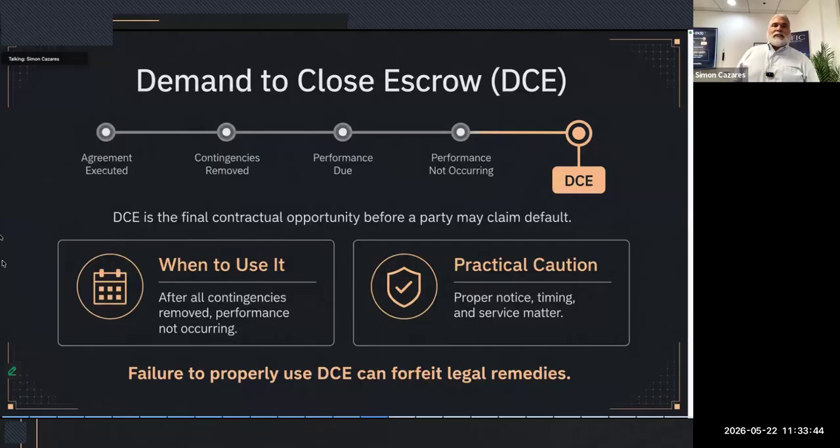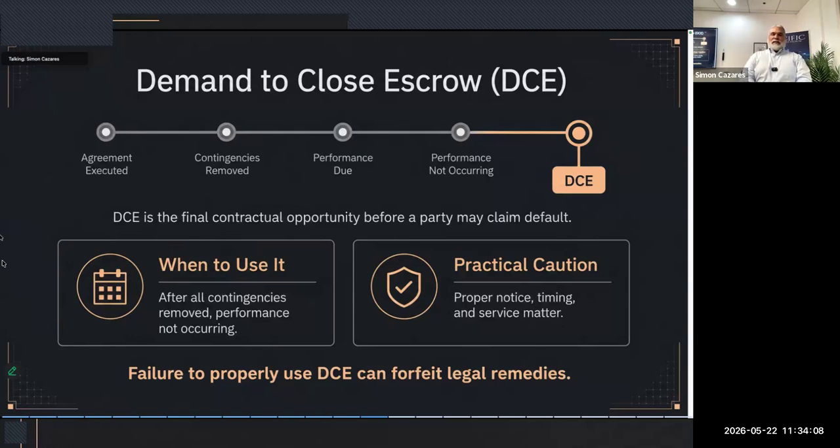Good question. All right, demand to close escrow, DCE. You never want to see this one. But if you do, you've got to put some pressure on the buyer or the seller. The agreement is executed, contingencies are removed, and performance does not occur.